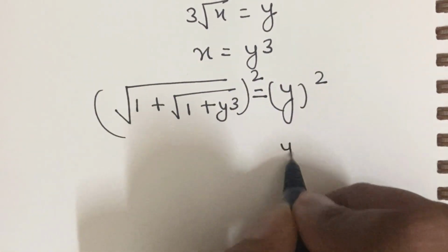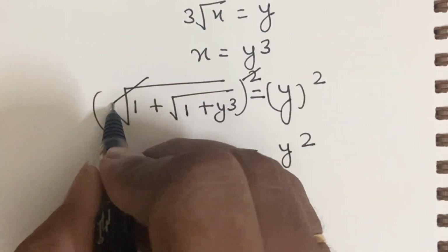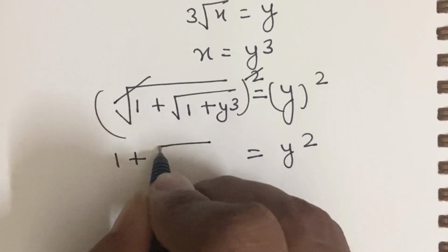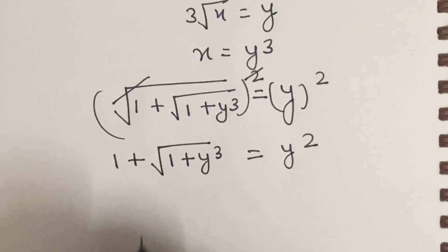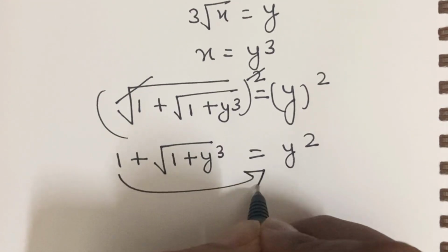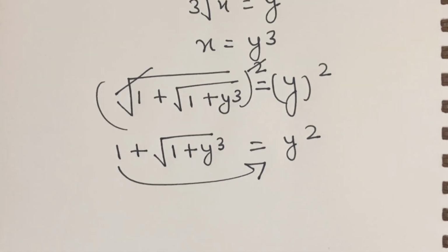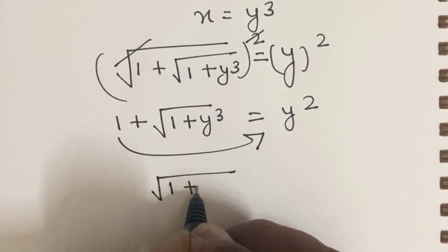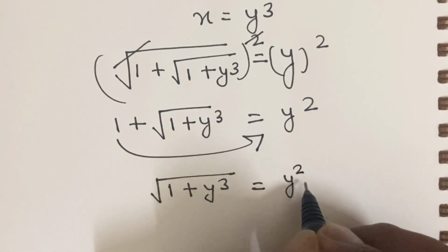So here we have y square equals, and the square root is cancelled out. So it will be 1 plus square root of 1 plus y cube. Now transfer 1 to the right side. So our equation will simplify to square root of 1 plus y cube equals y square minus 1.